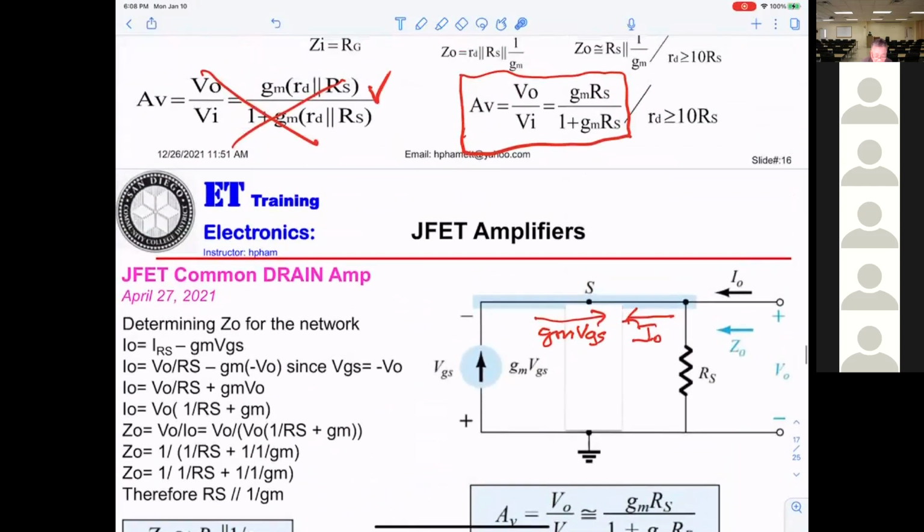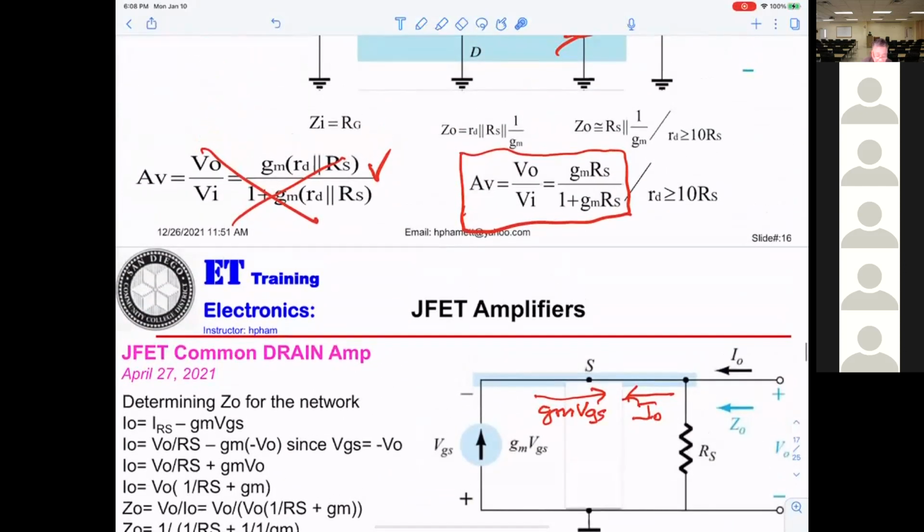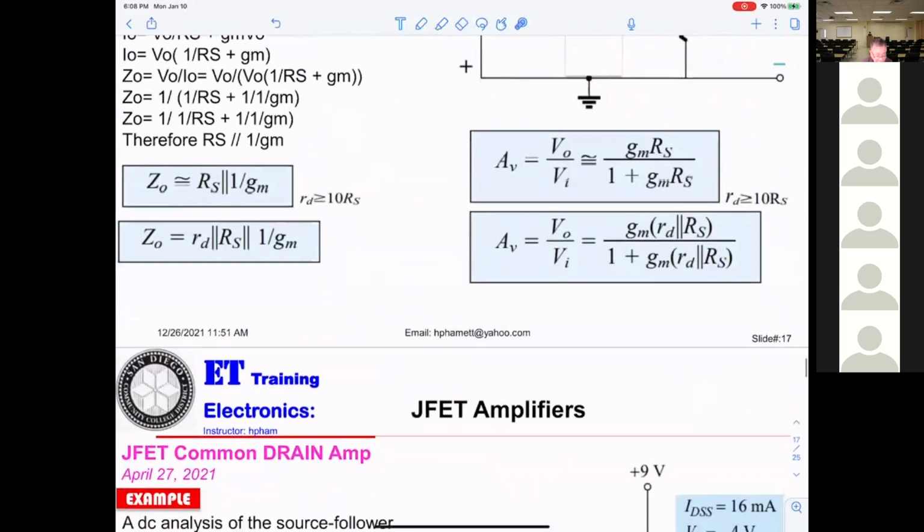G out right here. But that you must detail, okay? And you see you get two formulas. And this second one, they use r small d, internal output resistance of the JFET, and we're not supposed to use it.